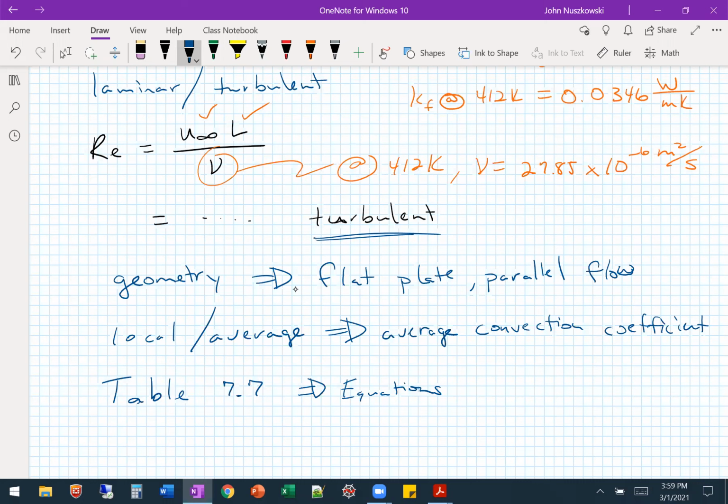All right, so we go in there and we figure out we said we're turbulent, flat plate, parallel flow. We want the average, so the bar on it. Okay, so we can go grab our turbulent one. So it's turbulent throughout.